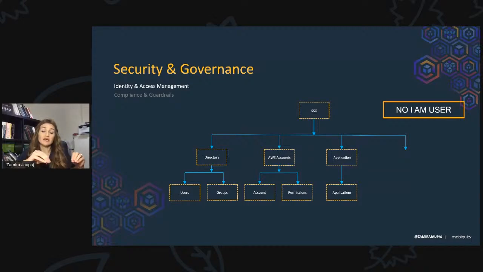So you create a user in the master account, you set up permissions for this user, and you assign this user to the specific application. And you have a dashboard that shows you all the users, groups, permissions, and accounts.